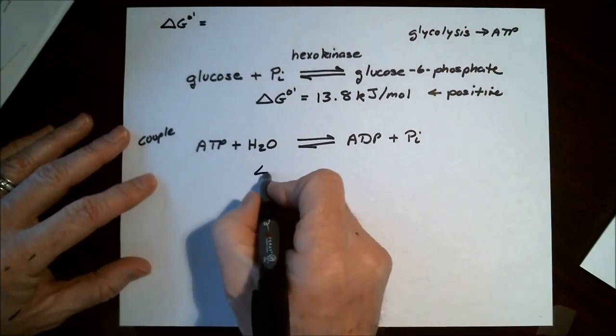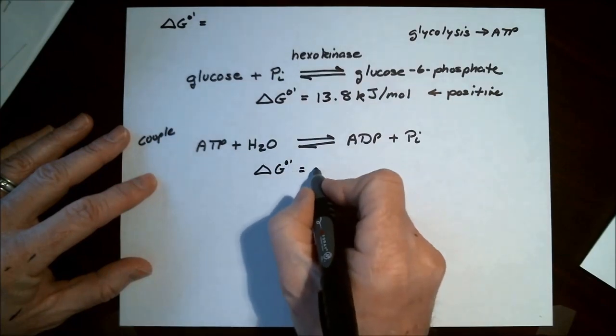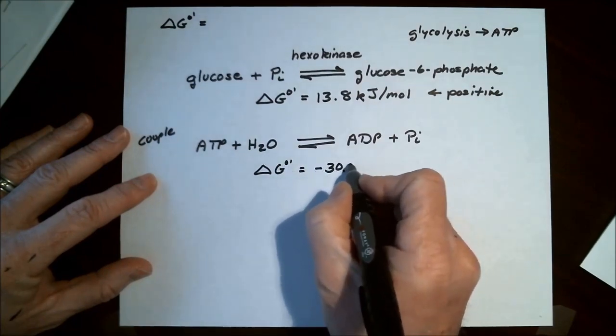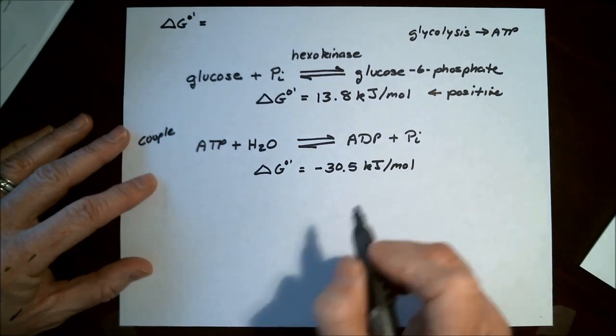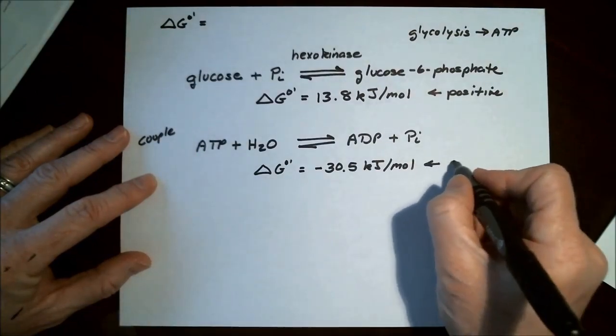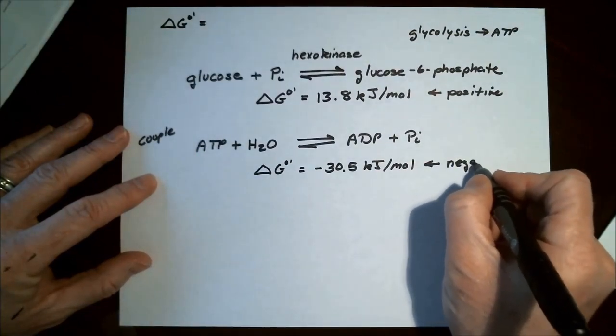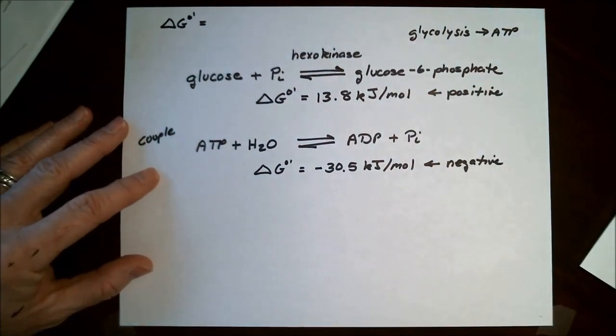Now the delta G 0 prime of this reaction is negative 30.5 kilojoules per mole. Important feature here to notice, this is a large negative free energy change, which means this is a very favorable reaction.